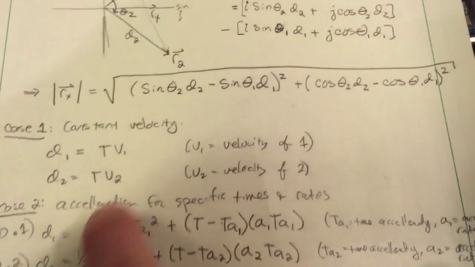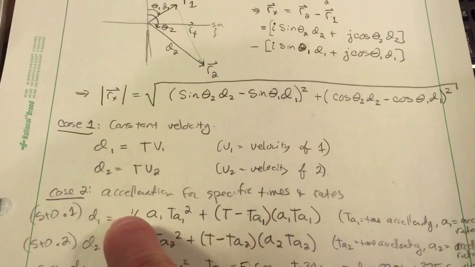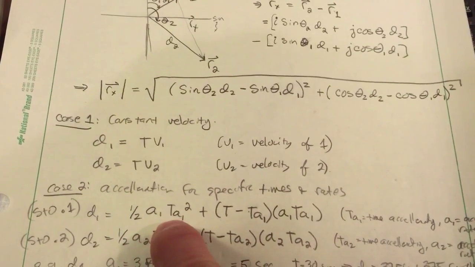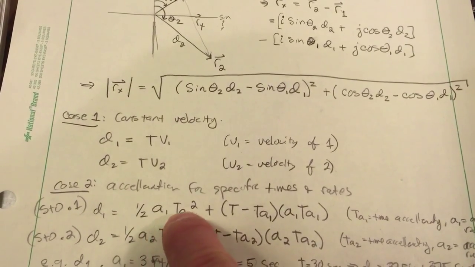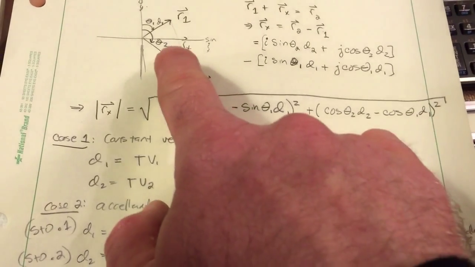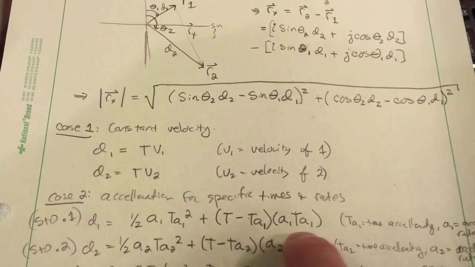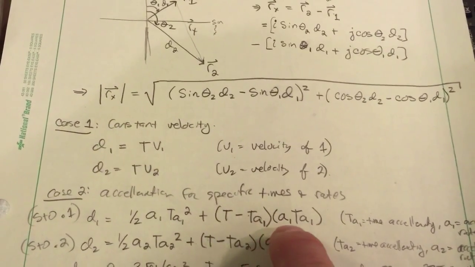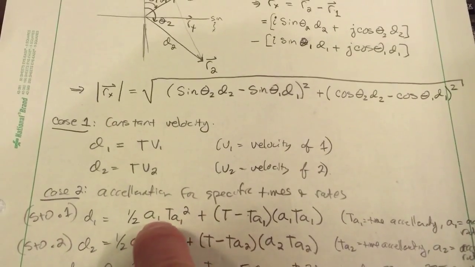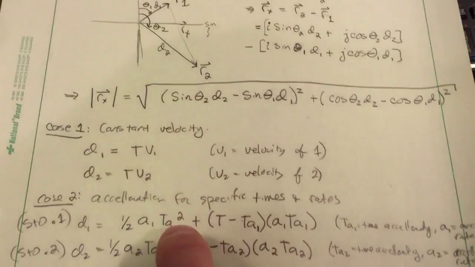So the distance of these two legs is going to be a combination of the distance it traveled during the acceleration, which is 1/2 a t squared, so 1/2 a1 t a1 squared for the first one, plus the distance that it traveled for the remaining amount of time at a constant velocity, where it arrived at that velocity after accelerating, because we're assuming they start from zero velocity.